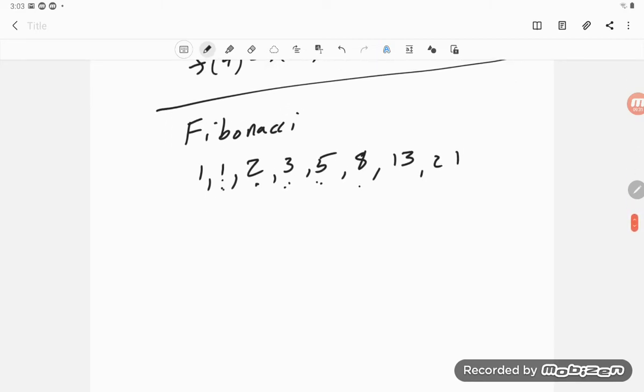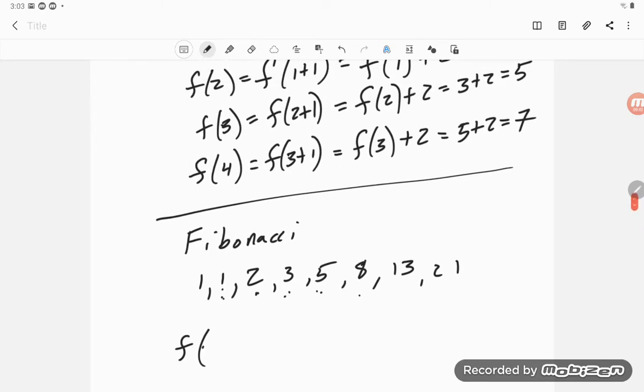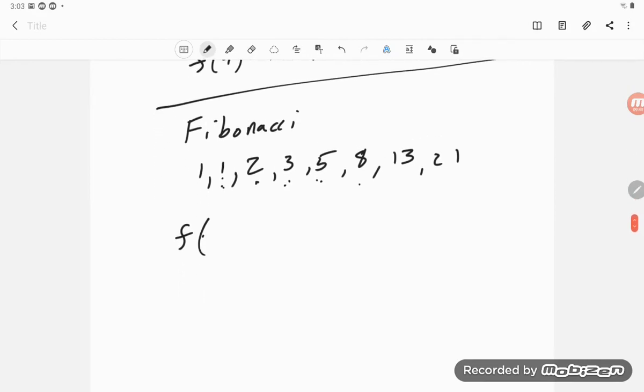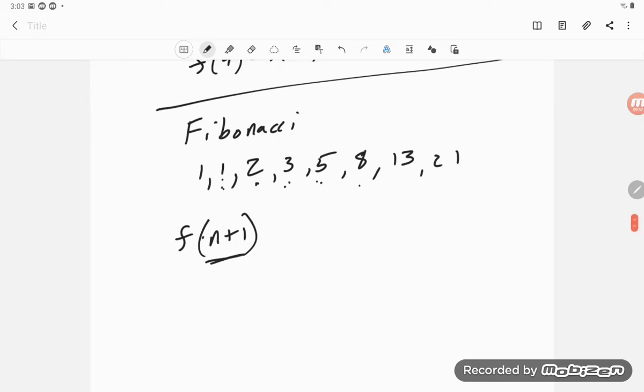So in this case, I would say that my f of n, well, actually, I'll write it as f of, you know, should I do n plus 1 or n plus 2? See, it doesn't really matter, because the way I read this is the value here is equal to the previous value plus the value previous to that one.